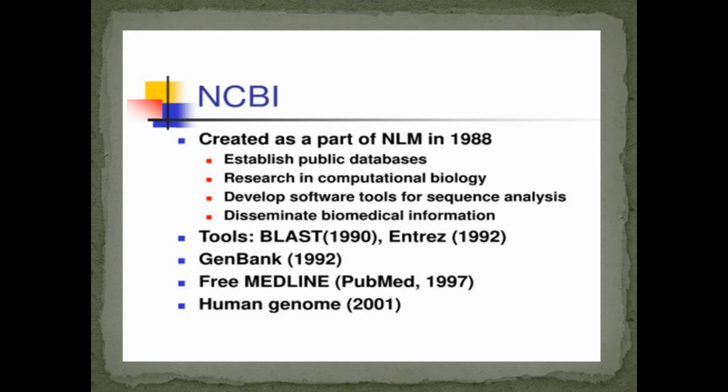Actually, NCBI resources include lots of different databases and tools, such as Entrez programming utilities, My NCBI, PubMed, BLAST, Taxonomy Browser, Primer-BLAST, GenBank, Medline or PubMed, and the human genome.